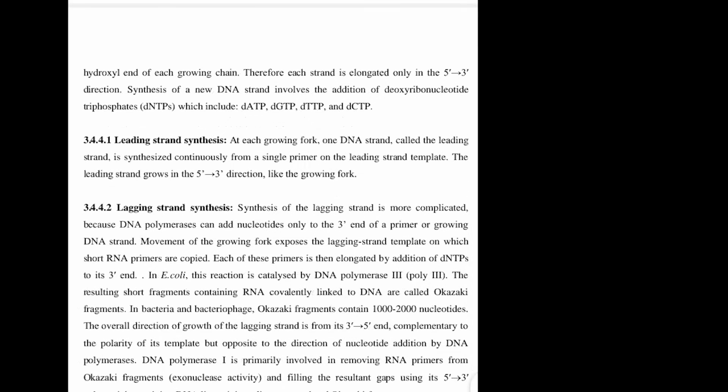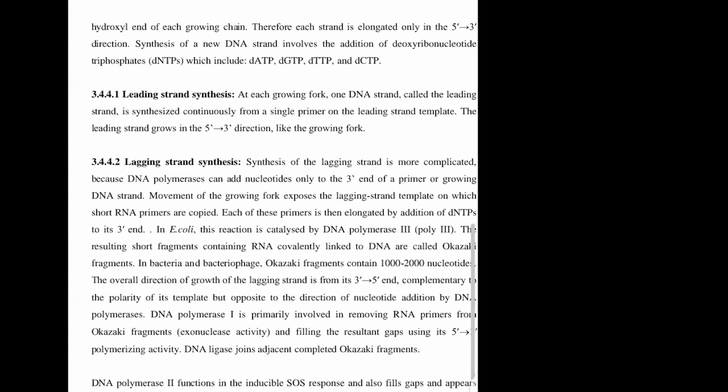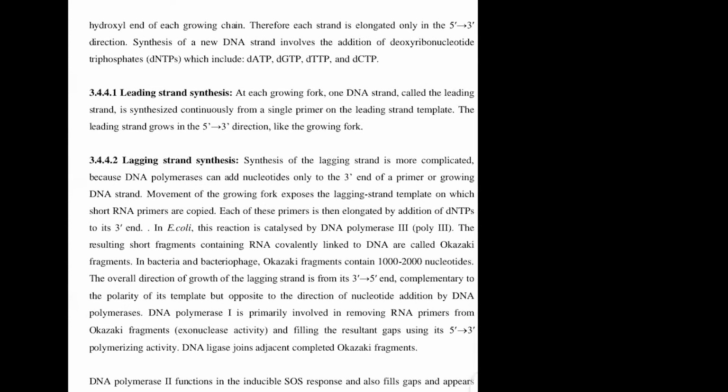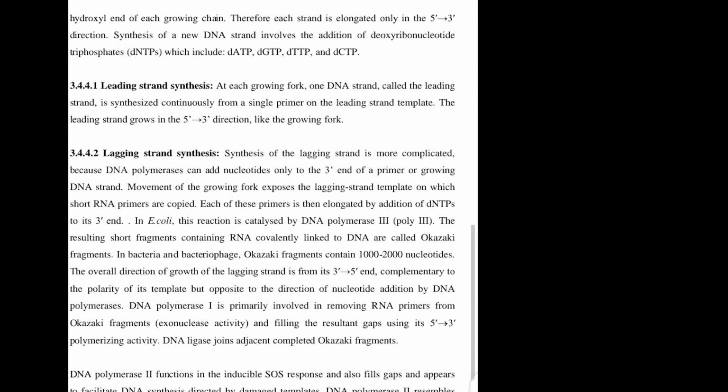Therefore, each strand is elongated only in the 5' to 3' direction. So it is important. Another MCQ question that may be asked in an exam is to understand the order of DNA replication, that elongation takes place in the 5' to 3' direction.